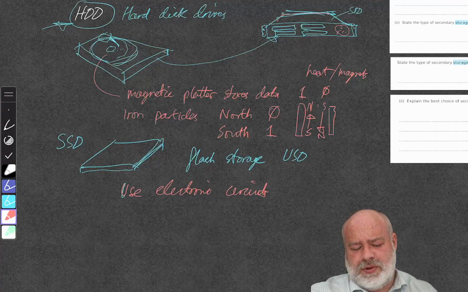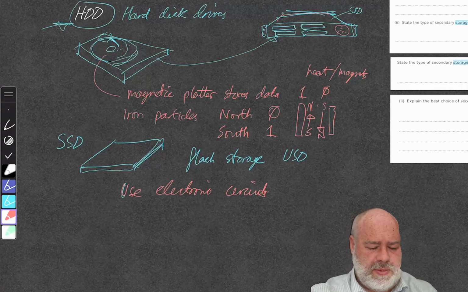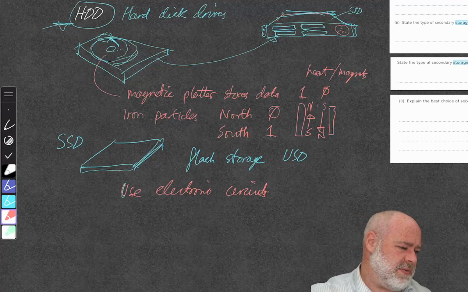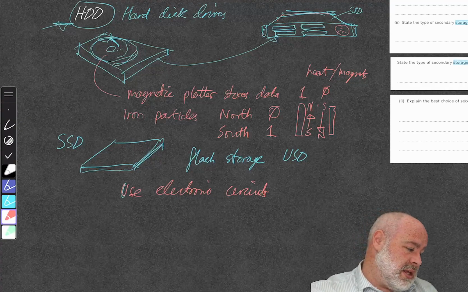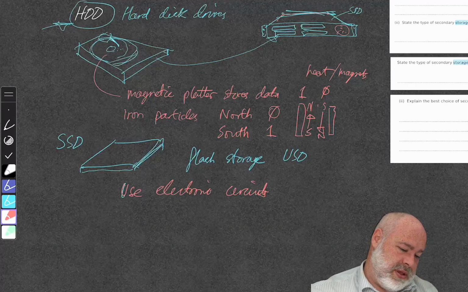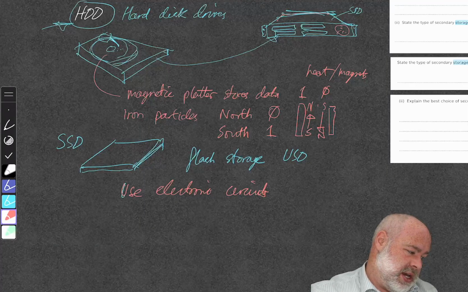For Edexcel GCSE computer science, you only need to know AND, OR, NOT, but NAND gates work in a slightly different way to ANDs. But essentially the way it's working is transistors.